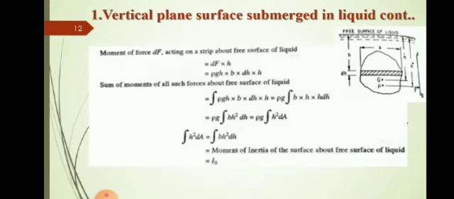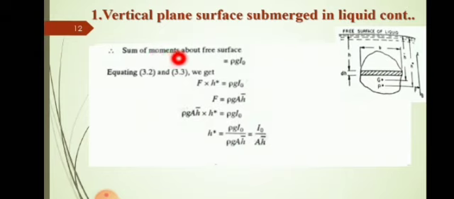So how will this equation turn out to be? It is nothing but the sum of the moments of all such forces about the free liquid surface: rho g into integral h square dA, and this integral h square dA is I naught. So the sum of the moments will be equal to rho g into I naught. That is what is written here. Sum of the moments about the free liquid surface is rho g into I naught.